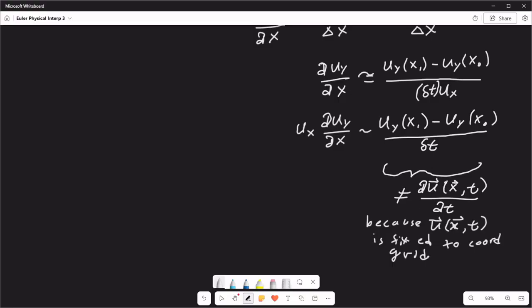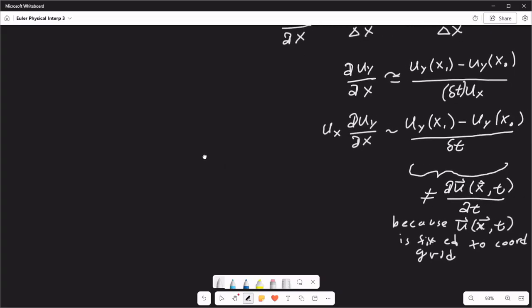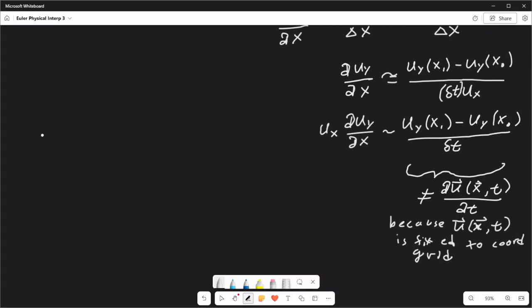This, however, is the acceleration of the particle itself. So what this actually looks like is this ux duy dx.